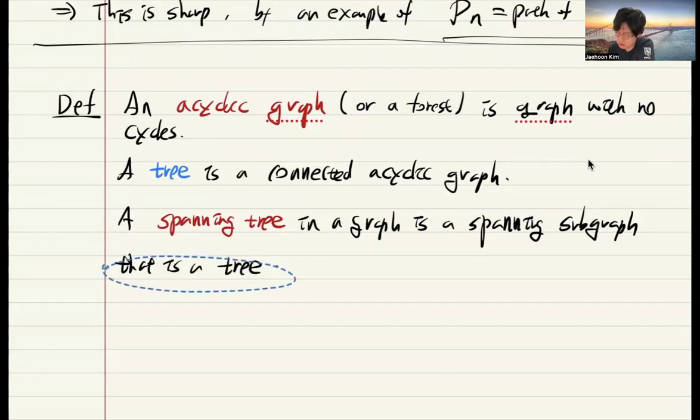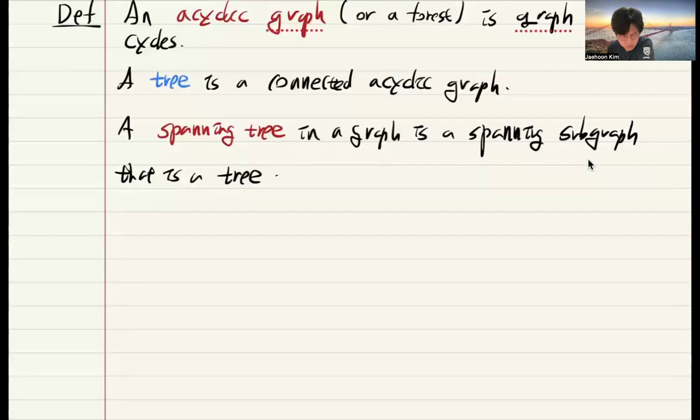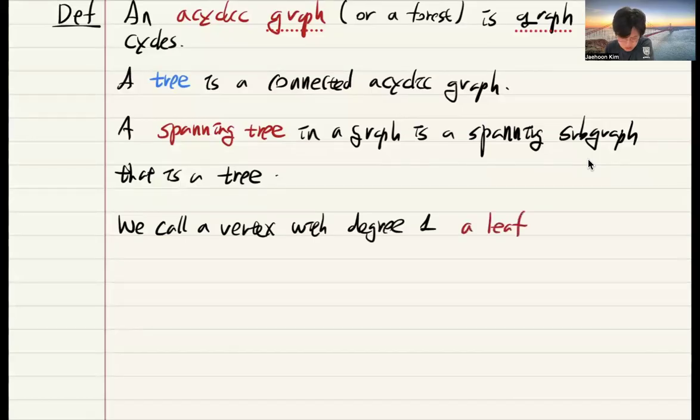And maybe let's introduce the definition as well. We call a vertex with degree 1 a leaf, and a vertex of degree 0 an isolated vertex.